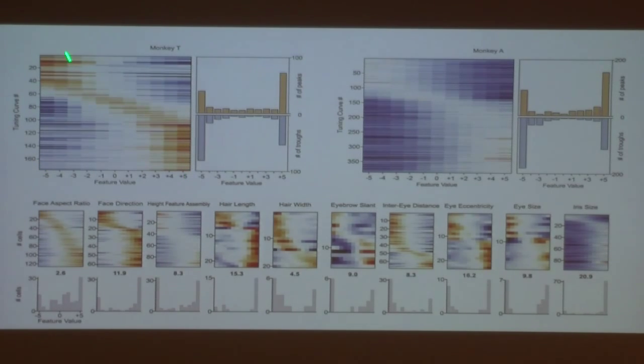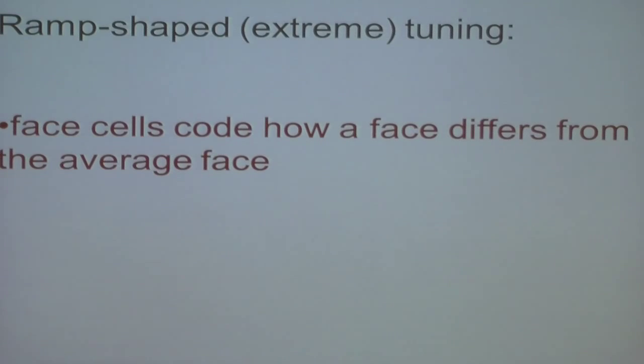And you can see that in general, they peak at extremes. So this ramp-shaped tuning is something we saw again and again in face cells for just about all the parameters we looked at. So that means that what face cells are doing is telling you how a face differs from the average. That is, it only fires when something is different from an intermediate value.